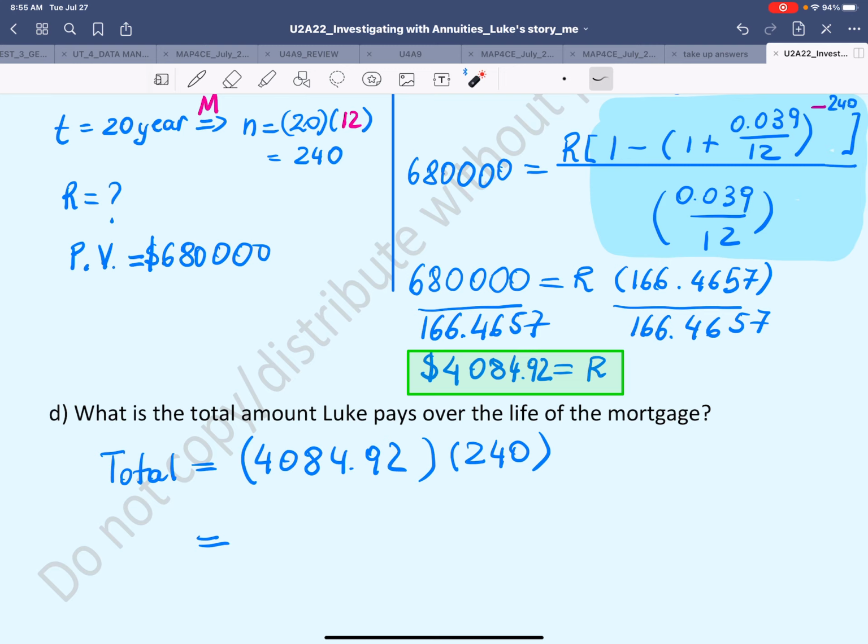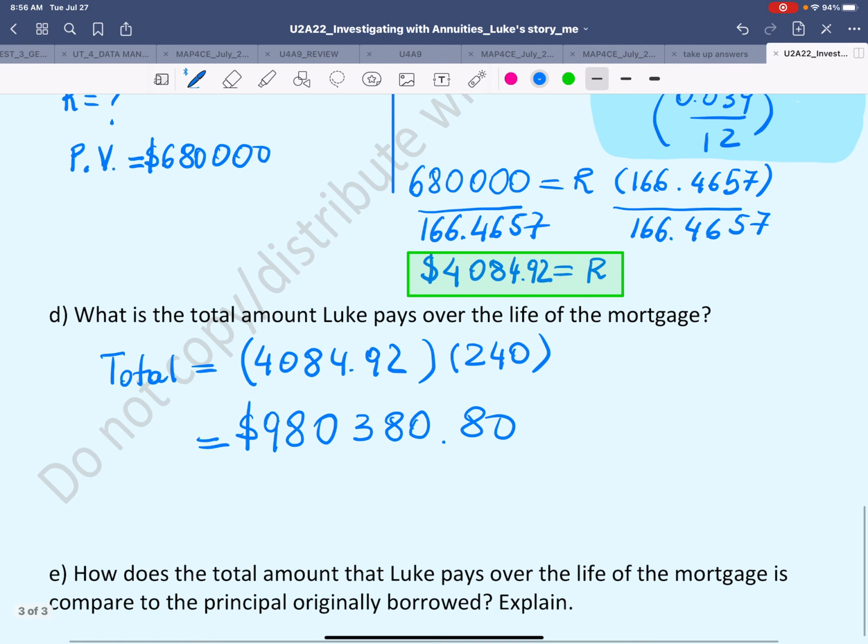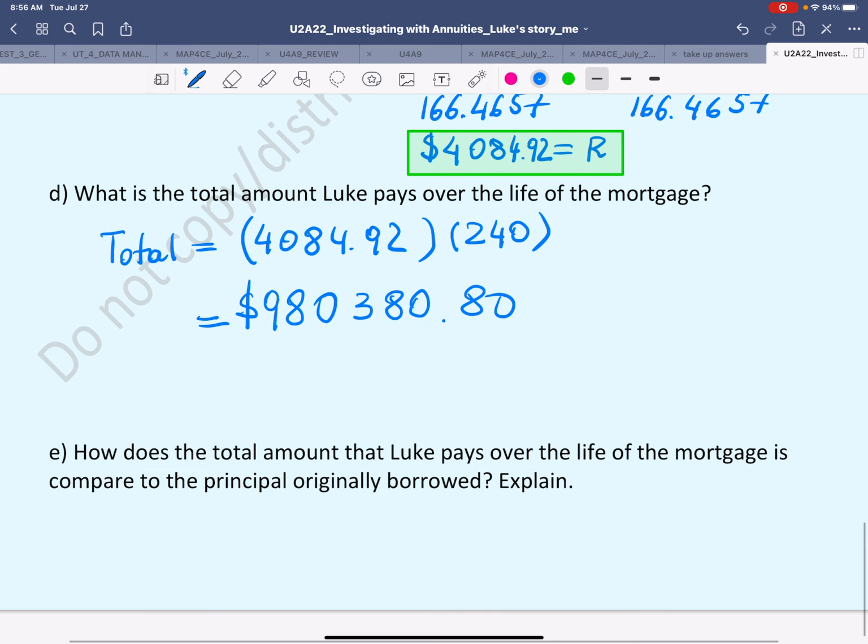So it's 4,084.92 times 240. Okay, so what I got in here is 980,380.80. So this is the total amount that Luke will pay eventually, once he's done.